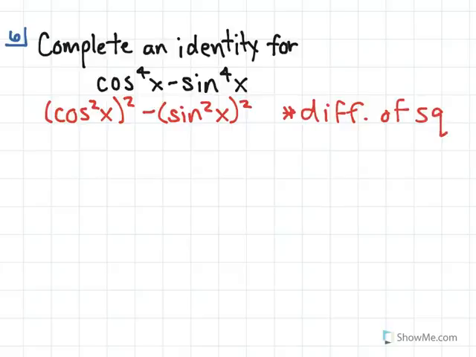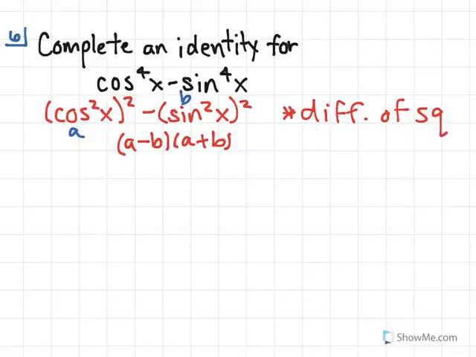So with a difference of squares, that can be factored into a minus b times a plus b, where we can treat our cosine as a and our sine as b.